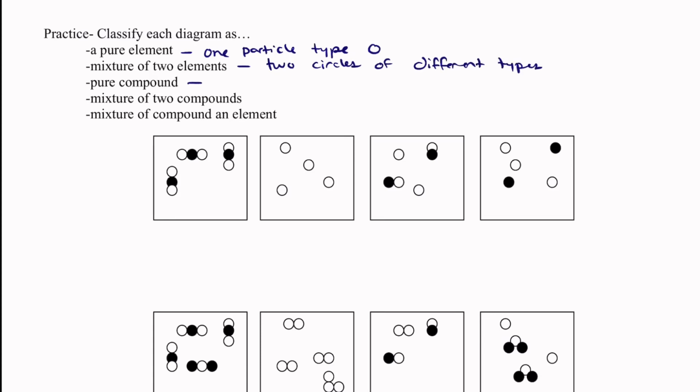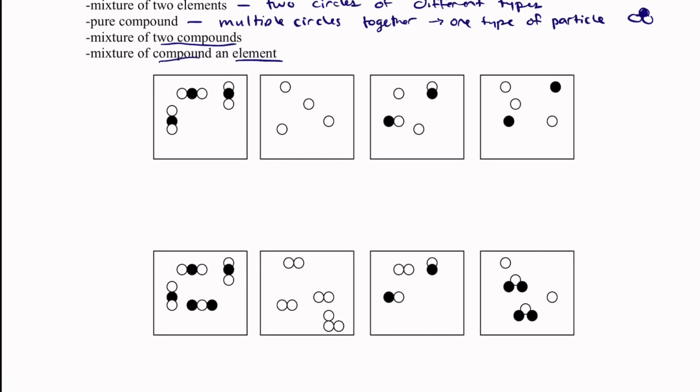A pure compound would be multiple circles together, so touching, but just one type of particle. So maybe something like this. A mixture of two compounds, we're going to have two different combinations. A mixture of compound and element, we're going to have a compound and then an element. So a compound's going to be multiple circles put together, and an element's going to be one type of circle here. Okay, so go ahead, pause the video and try some of these out.